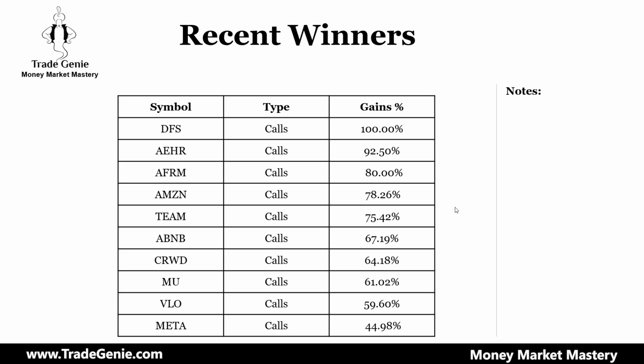So these are some of our recent winners, and I have other slides I'll show you. All these were beaten down stocks. If you look at the chart, they were all beaten down during the last two to three months, and they are all participating to the upside. Some of these stocks have gone up parabolic. So only go long in these if they have a significant pullback to a meaningful support.